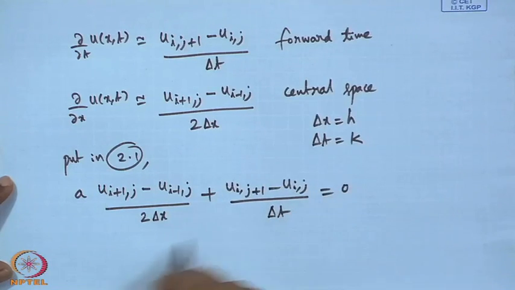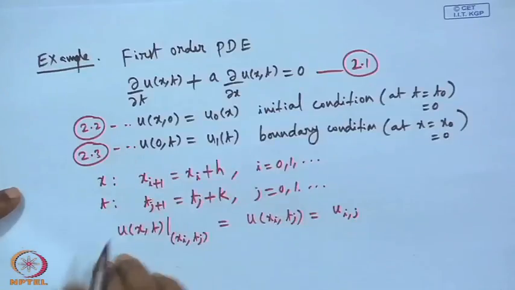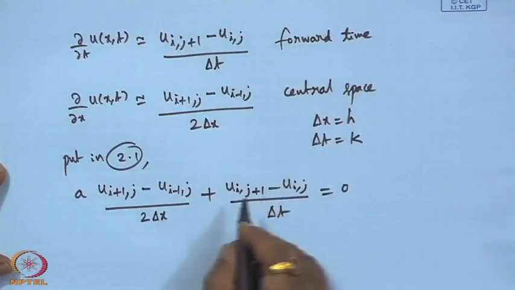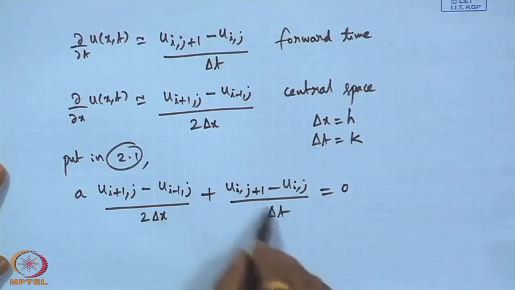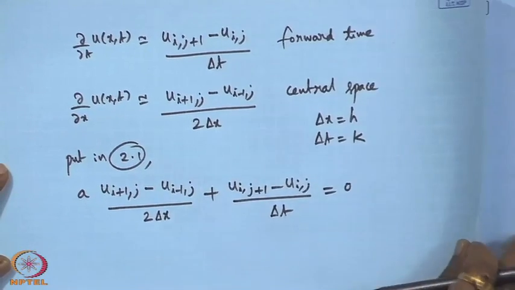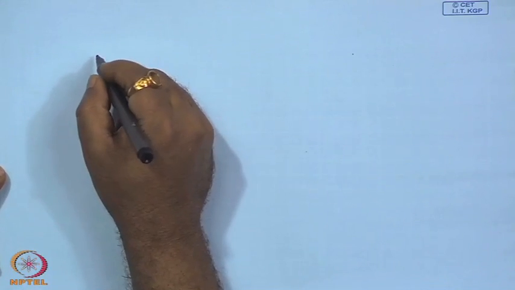I just swap the terms, so I put this first and then this. Okay. So, this is the corresponding discretized version. So, this further can be simplified.